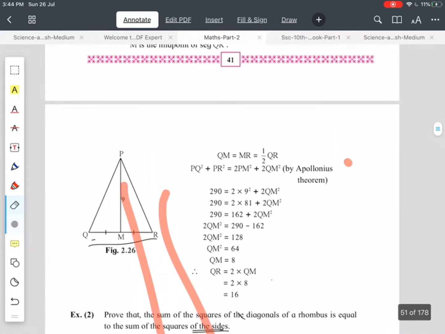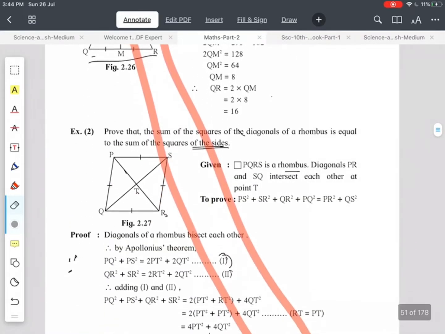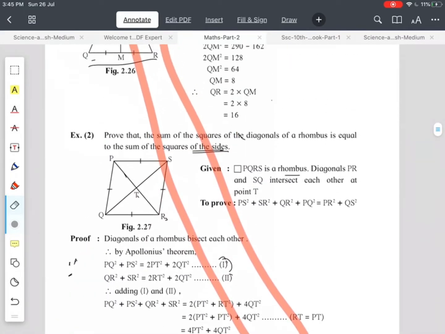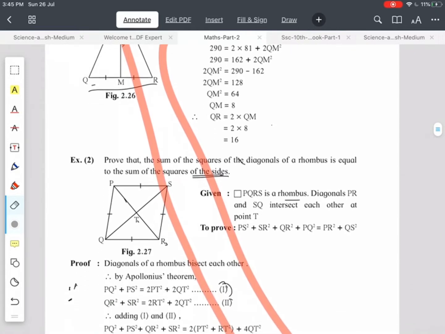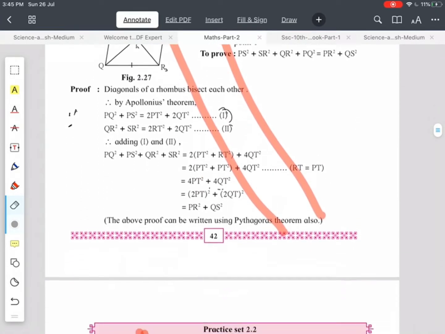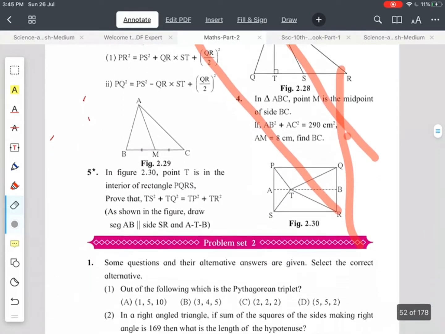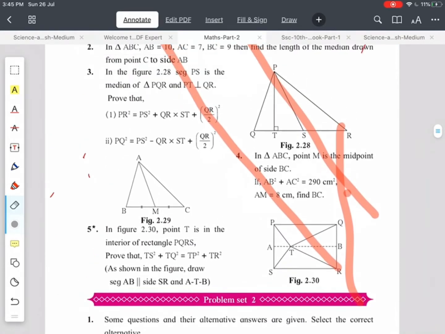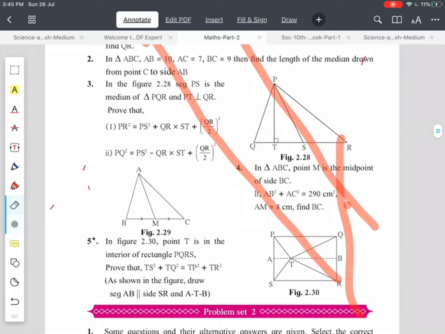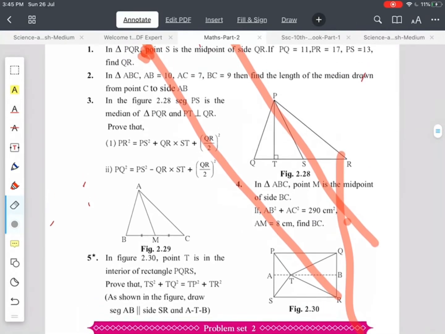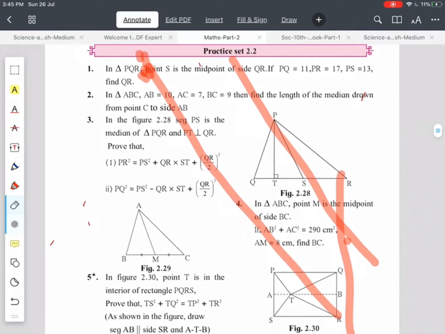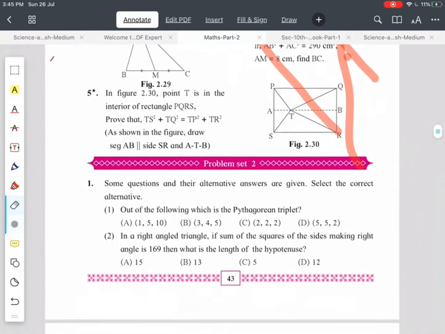Page number 41 and 42, all this part is omitted because it is based on Apollonius. Practice set 2.2, based on application of Pythagoras theorem as well as Apollonius, is omitted in full.